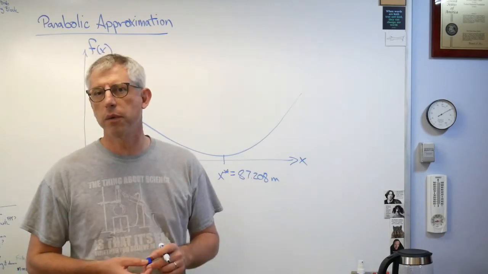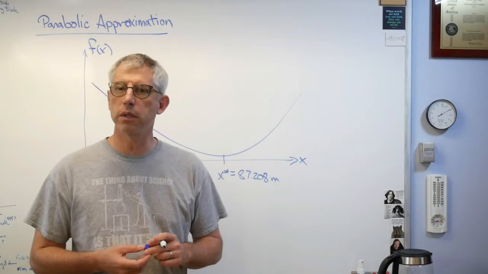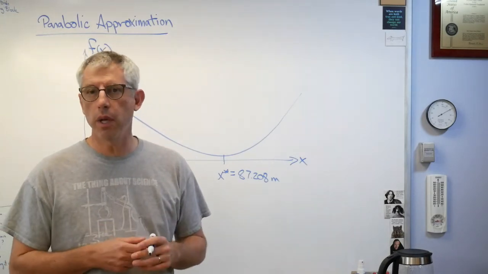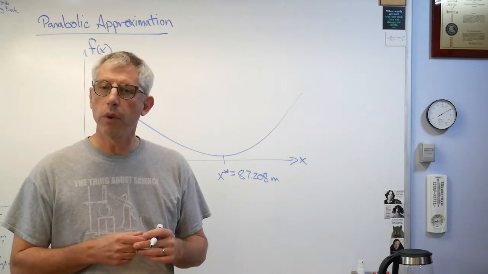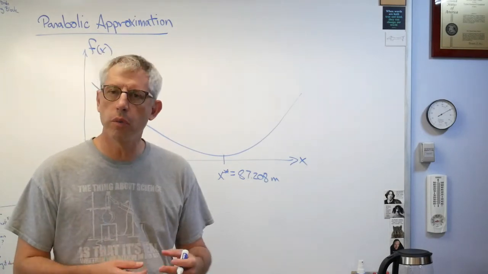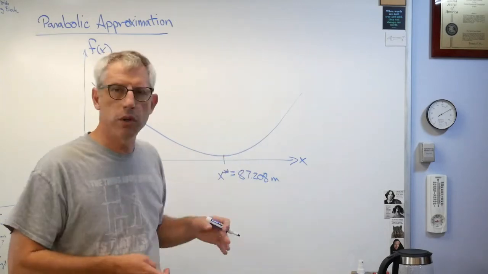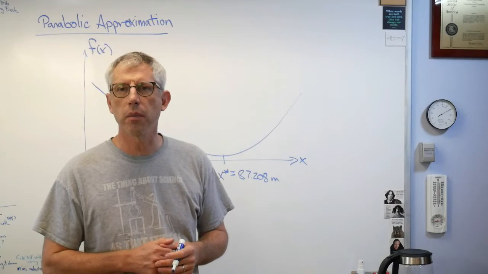It may take hours of computer time to calculate the objective function even once. So we want to be able to find the minimum of the objective function without calculating it too many times. No more times than we need to. So remember that motivation, even though what we're doing here is computationally pretty simple.